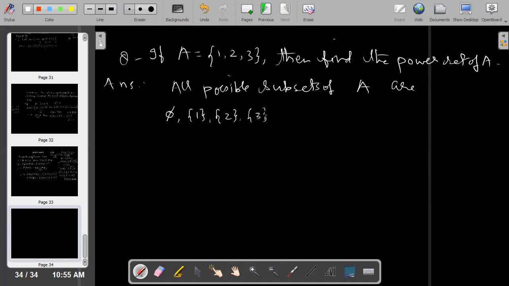Then sets having two elements, so we can have the possible combinations 1, 2; 2, 3; and 1, 3. Then 1, 2, 3.